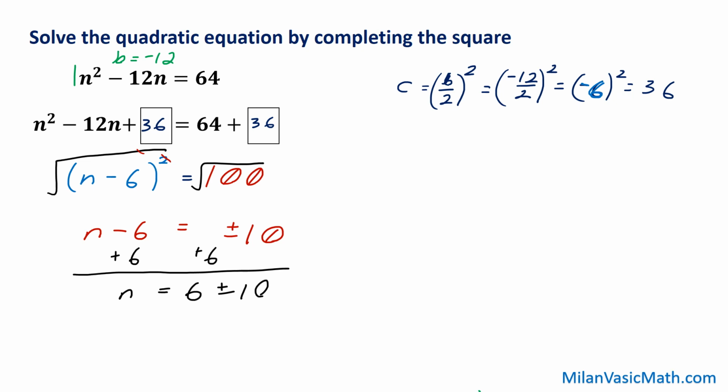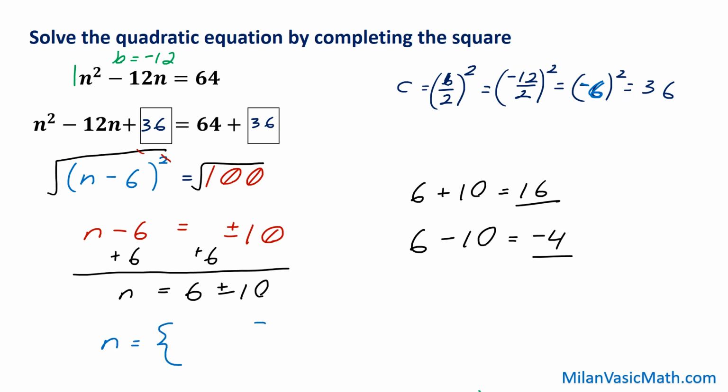Okay, so that's two different values, and in this case we could simplify it, so we should. 6 plus 10 is 16. 6 minus 10 is negative 4. And we could write the final answer as n equals, now I'll use the brace, negative 4 and 16.